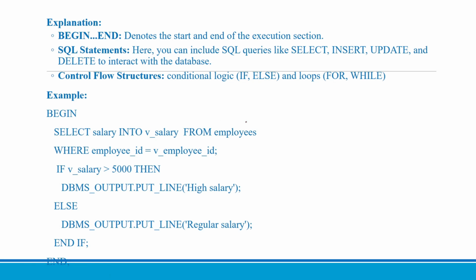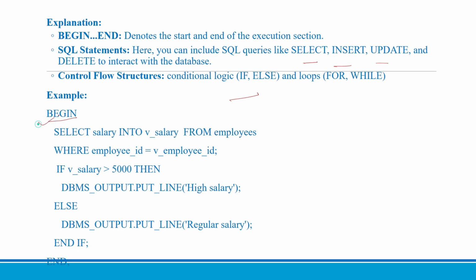You can include all the SQL queries like select, insert, update, delete, whichever query you need to interact with the database, within the begin section. We can use all the control statements like if, else, and all the loops like for and while in the execution section. This is the basic code.